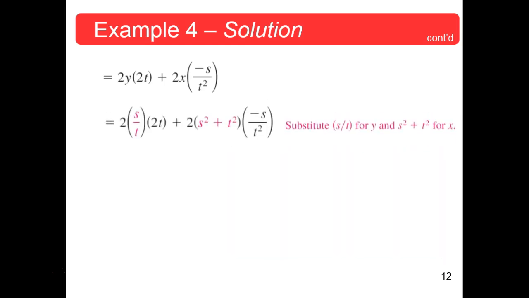Plugging in what your x's and y's are, you get 2s over t times 2t, which would be 4s, the t's go away, plus 2s squared minus 2s cubed over t squared, and also a minus 2t squared.